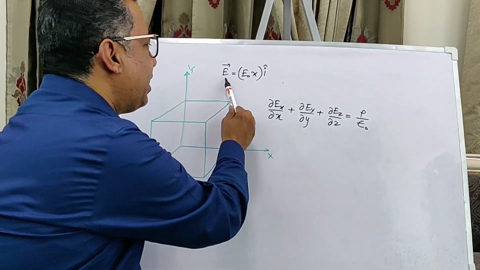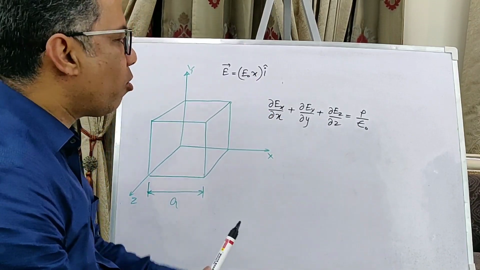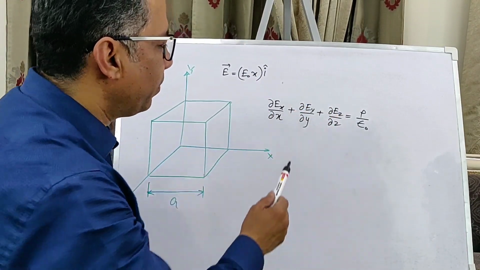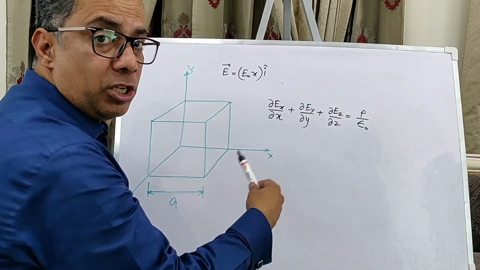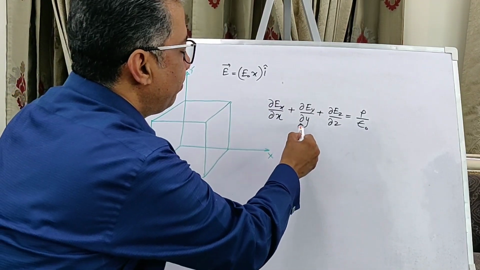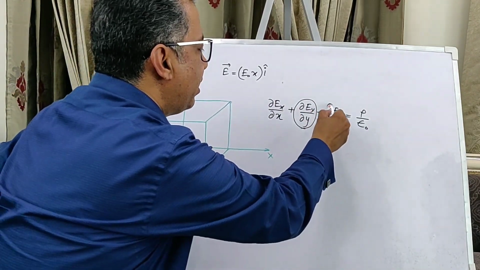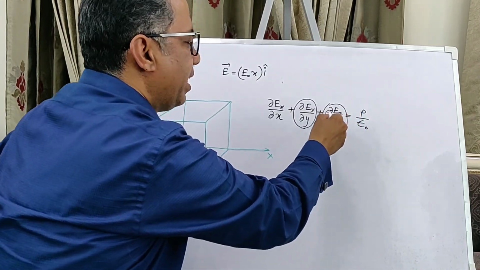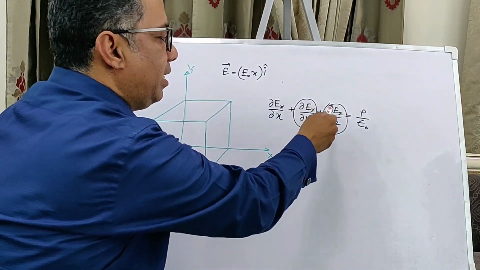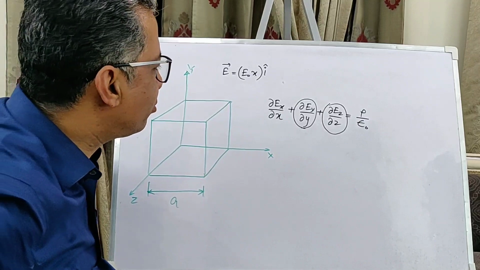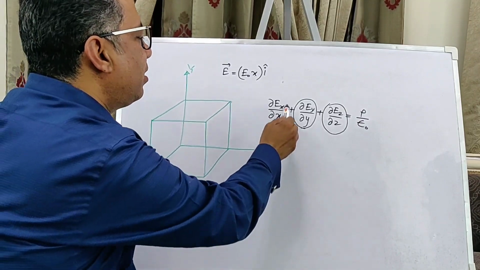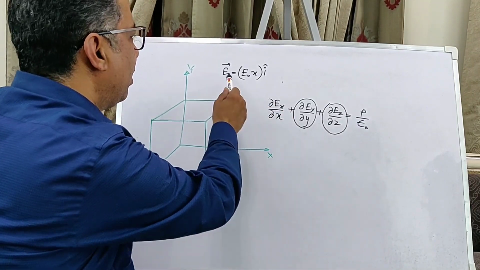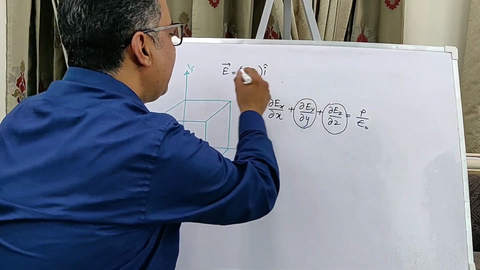Now in this case the electric field varies only with x and not with y and z. Since it does not vary with y and z, these two derivatives, del Ey by del y and del Ez by del z, are now 0. Only this is non-zero.